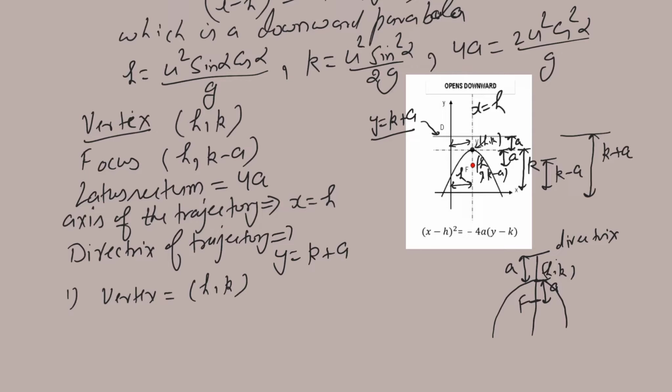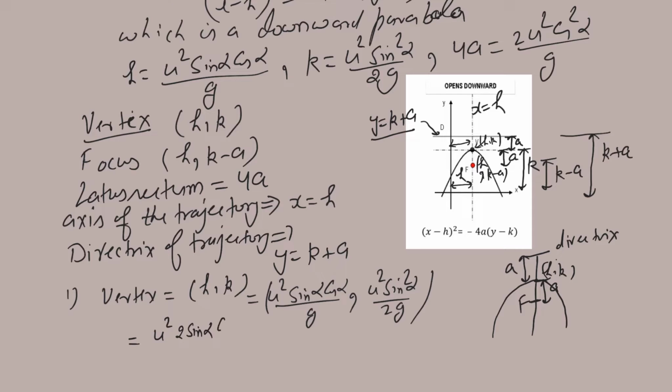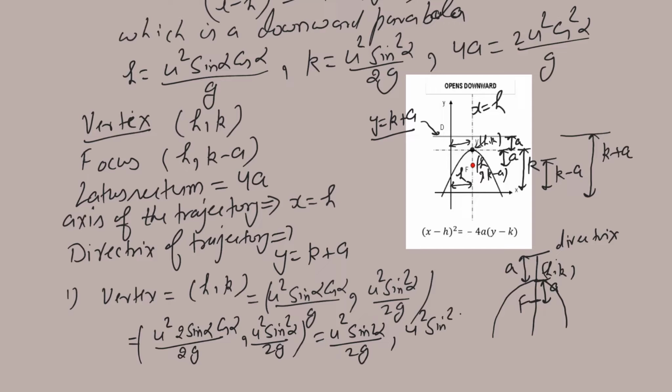So this will be u square sin alpha cos alpha by g comma u square sin square alpha by 2g. Now this can be further written as u square 2 sin alpha cos alpha by 2g comma u square sin square alpha by 2g, which is u square sin 2 alpha by 2g comma u square sin square alpha by 2g.